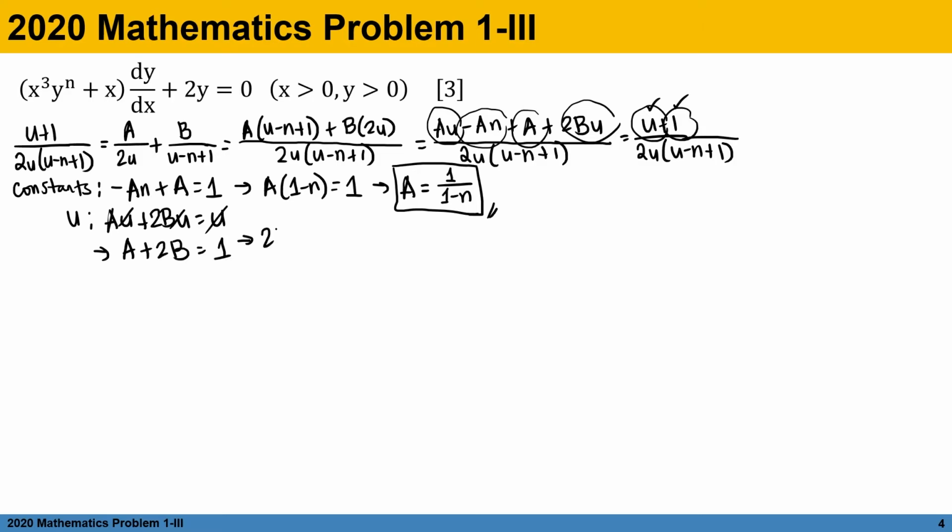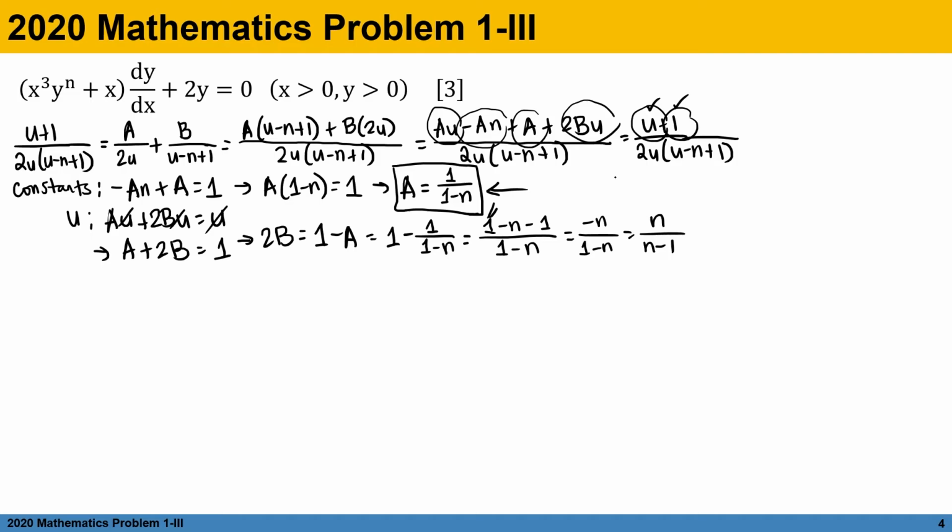So from here, we have 2B equals 1 minus A, but we already obtained A. So we have 1 minus 1 all over 1 minus n. This is the same as (1 minus n minus 1) all over 1 minus n, which is equal to negative n over 1 minus n, or simply n over n minus 1. So in this case, we have B as 1/2 of n over n minus 1. So we have performed the partial fraction decomposition.